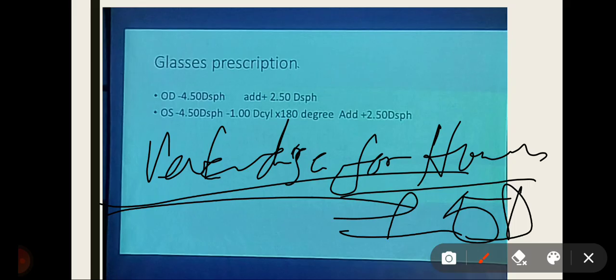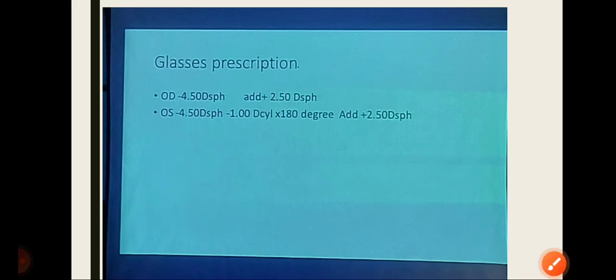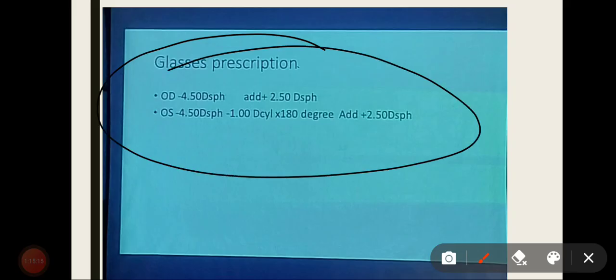And astigmatism prescription must always include the axis, because this is cylindrical and the orientation is also needed. In presbyopia, add only the near power, don't add it to the distance power. And PD, the pupillary distance, is critical in progressive lenses. So you have additionally learned how to read glass prescriptions.